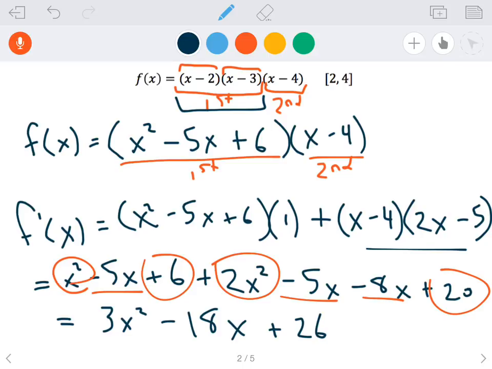Should be good. Now what I need to do is set that equal to 0 and solve for x, and only choose the x values I get that are within my window of 2 to 4. This looks gross. Let's go ahead and do the classic quadratic formula on this. Quadratic formula, sing your Pop Goes the Weasel song.